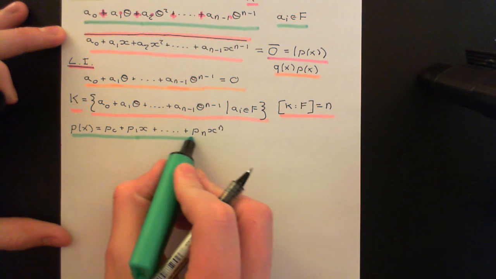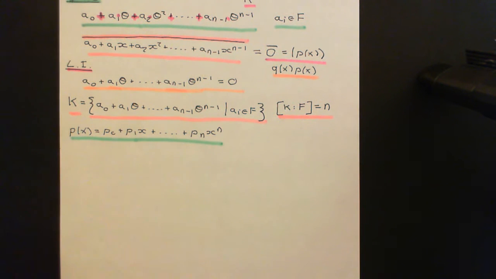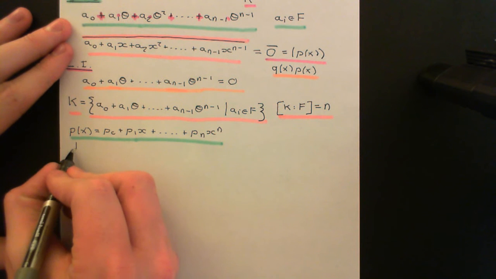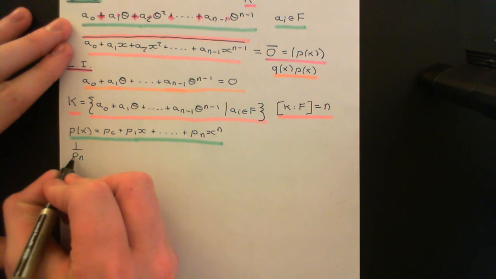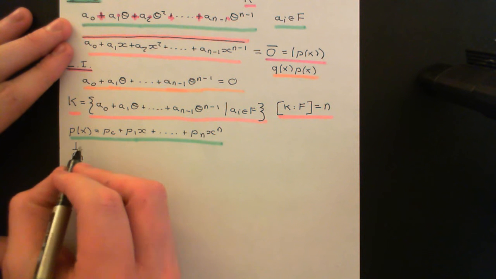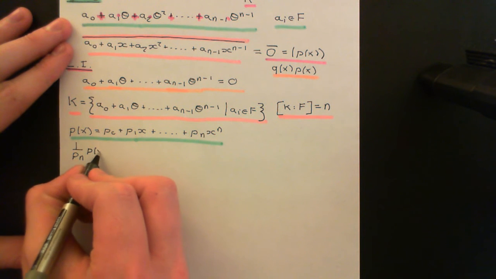What I'm going to show you now, and what is going to become useful in just a moment, is that we might as well assume that it's monic, because what we can do is just multiply this by the multiplicative inverse of pn, which of course is just a constant polynomial in the ring of polynomials over our field.